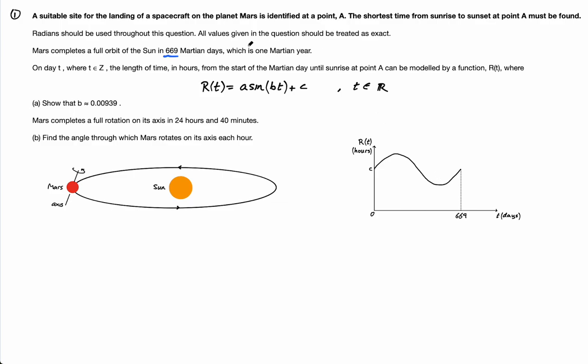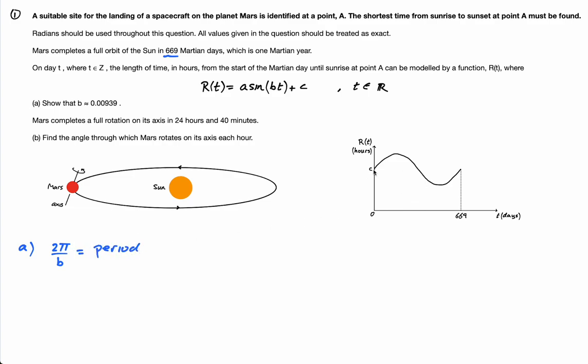Okay, there we go. So part A, it says show that B is approximately 0.00939. Now B, hopefully guys, you remember from your transformations and your modeling sinusoidal graphs, that B is given by this equation. 2 pi over B is equal to the period.